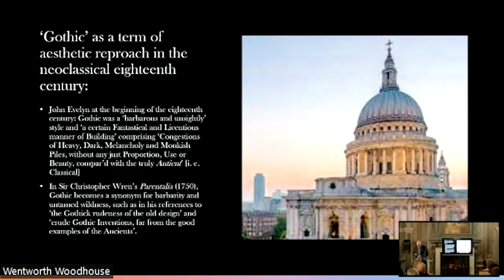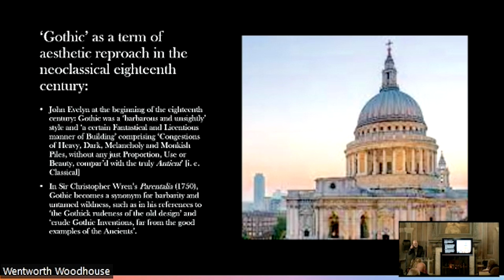Later in the century, similar views will circulate in Parentalia by Sir Christopher Wren, the leading classical architect. You can see a picture of St. Paul's there. Gothic in Wren's work becomes a synonym for barbarity, for an untamed wildness. He references the Gothic rudeness of the old design, for example.